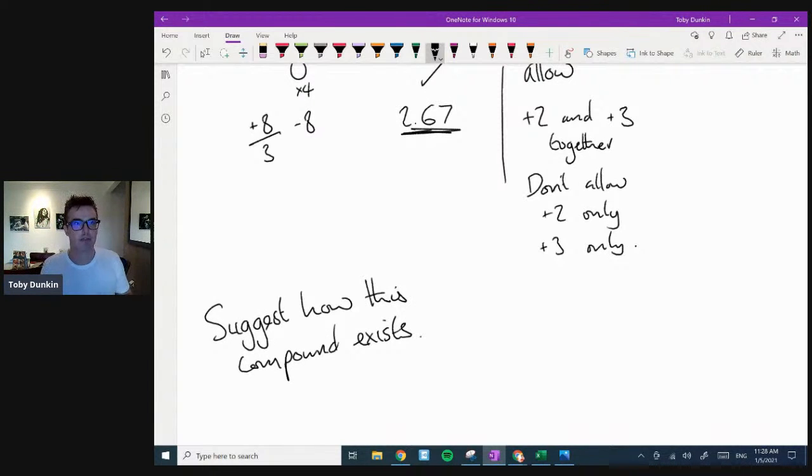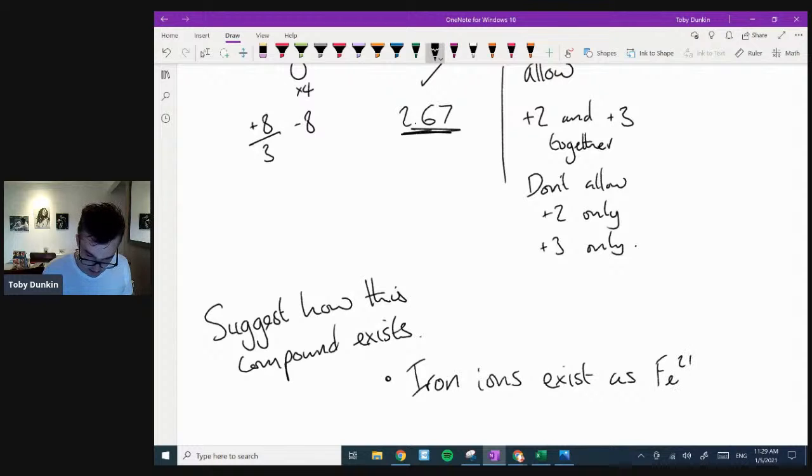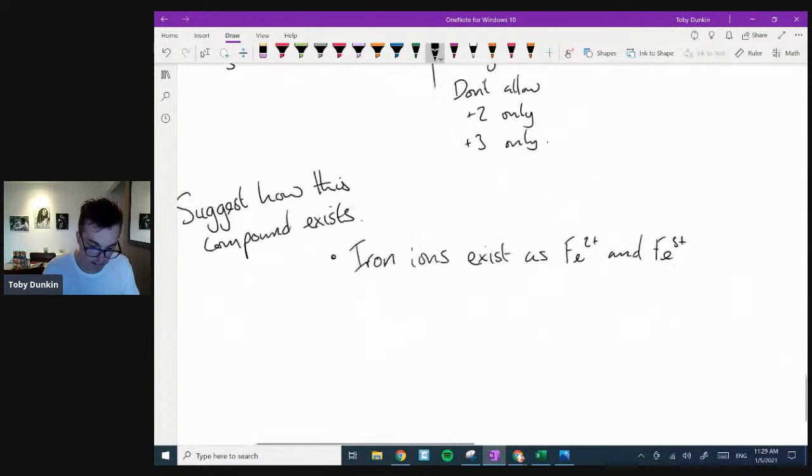It's part and parcel of chemistry, part and parcel of all science. They say suggest, and you're having to think about it. It means that you probably haven't been taught it. And all you had to say, answer on the mark scheme, was ions exist as iron 2 plus and iron 3 plus. 1 mark.